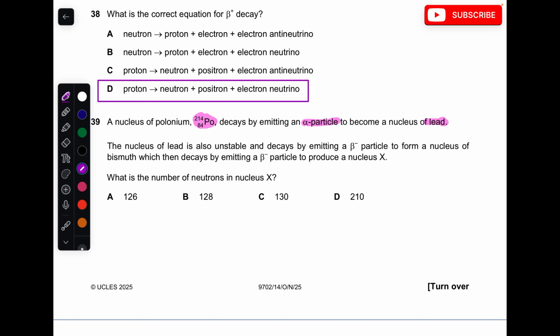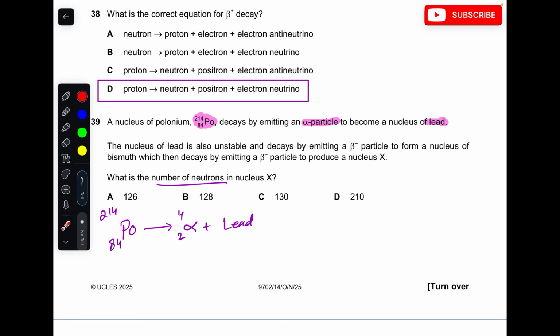Let's do it step by step. We have Po, that is 214. We have to find the number of neutrons. Okay, so it is 84. It is decaying by alpha, alpha is 4 2, it will become lead. Okay, I don't need to know the symbol for it.